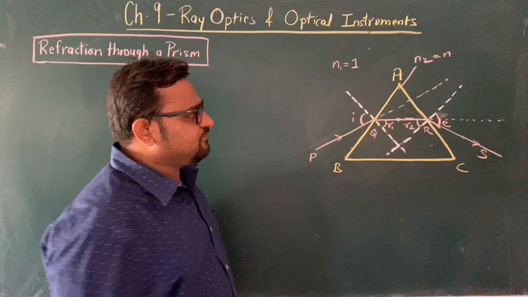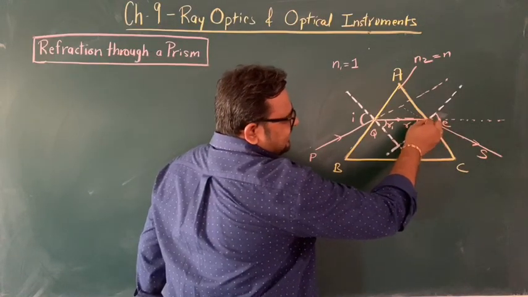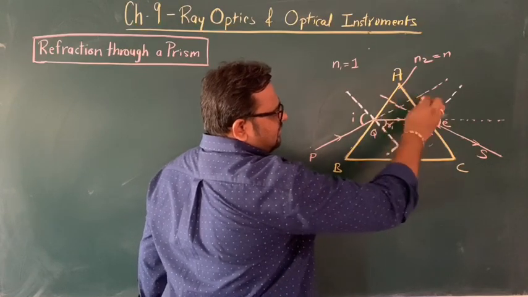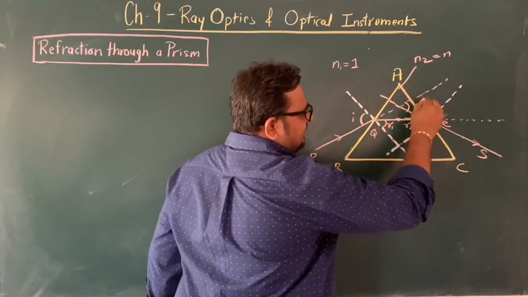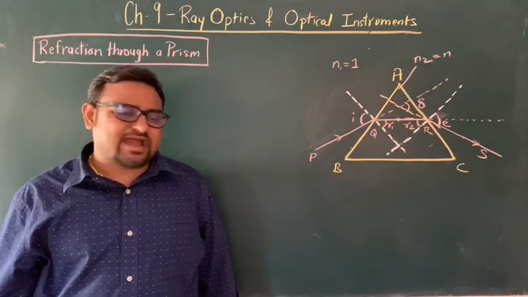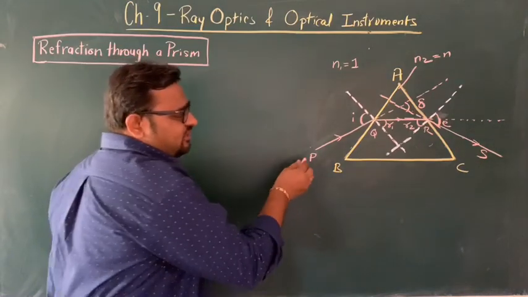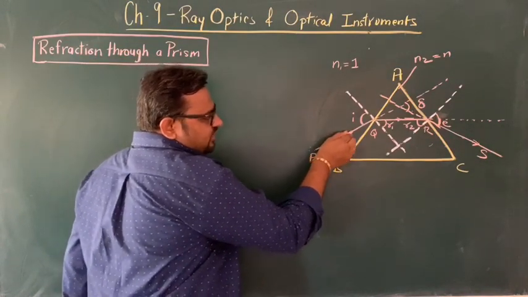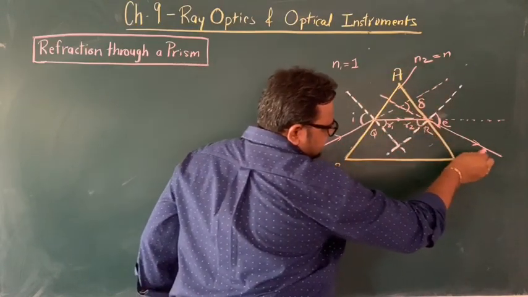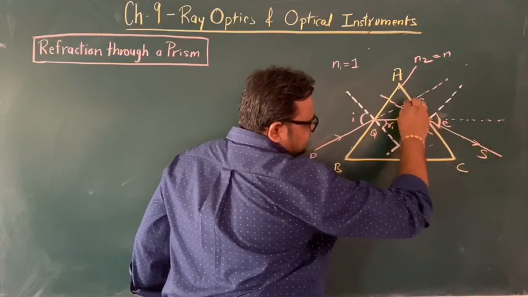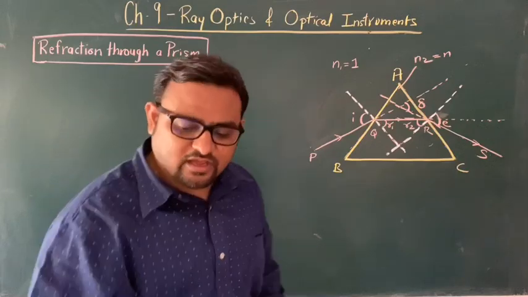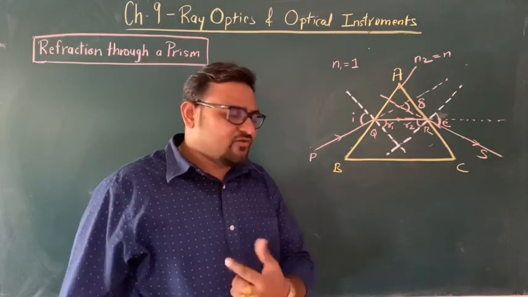Now see, when I extend these rays backward, I get this angle and I will name it delta. Means the original incident ray was moving in this direction and the emergent ray is moving in this direction. So this is the total deviation delta. Now what is the deviation for the incident ray?